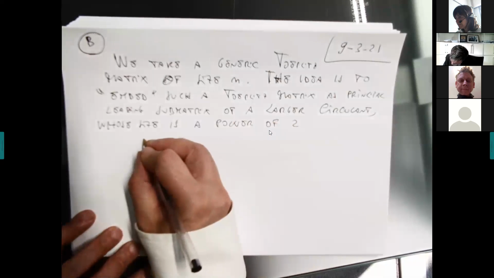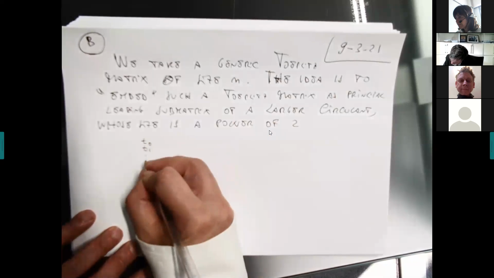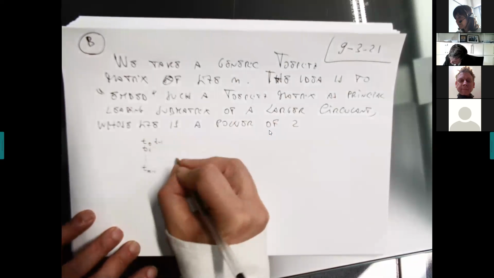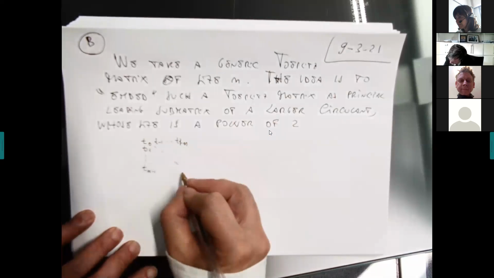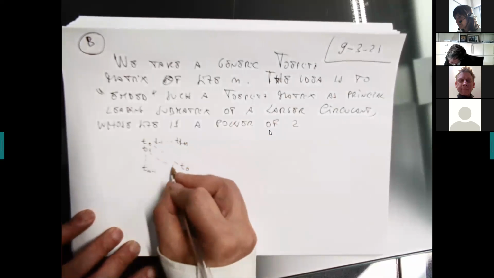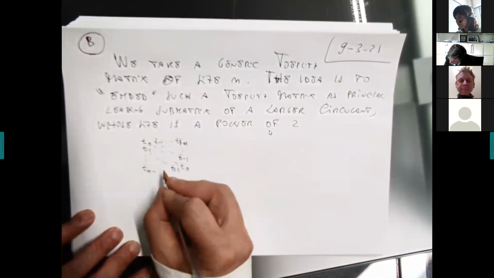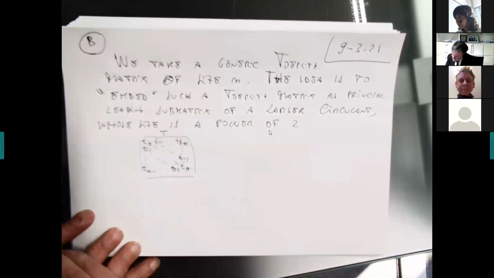So I write the Toeplitz entries t0, t1 till t(n-1), here t(-1) till t(1-n), here t0, t1, t(-1). This is our T, okay?